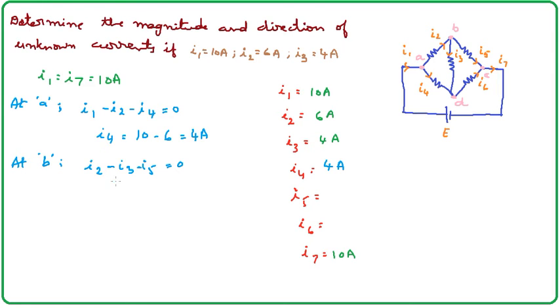I2 is 6 ampere and I3 is 4. So I5 is equal to I2 minus I3, which is 6 minus 4, equal to 2 ampere. This is I5.